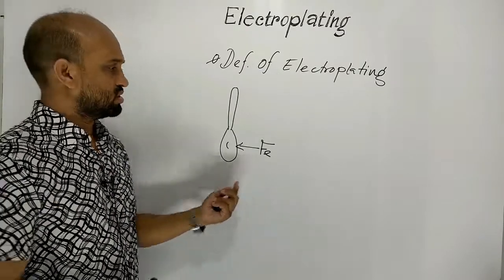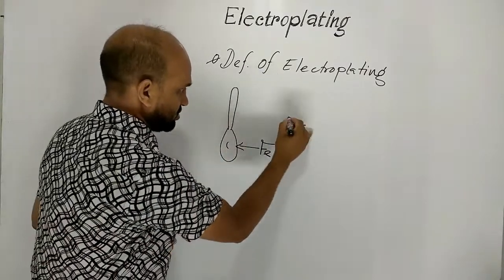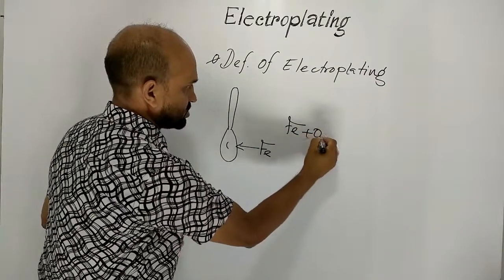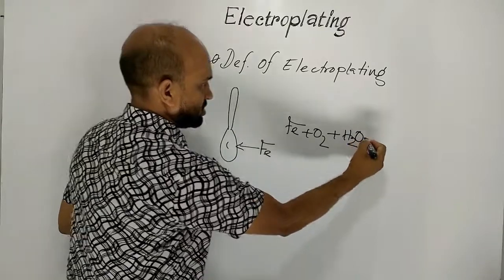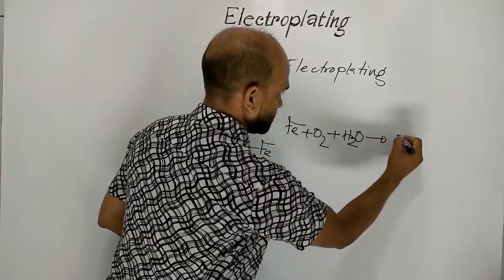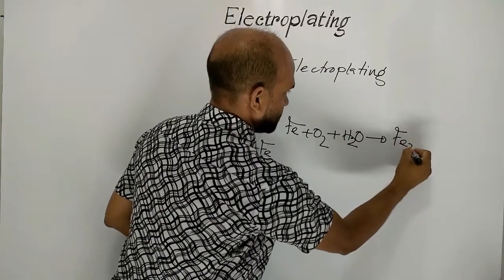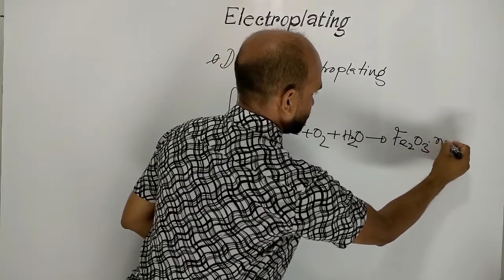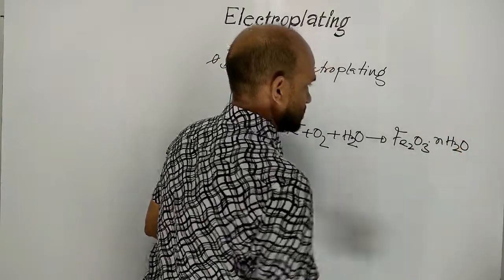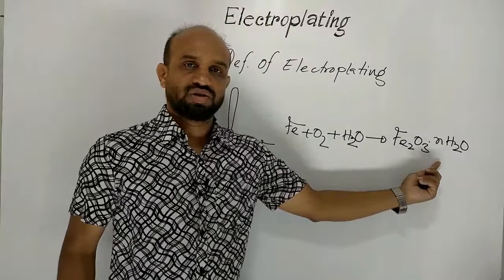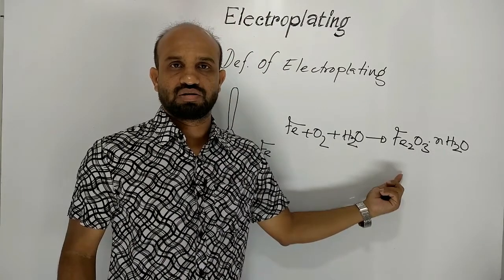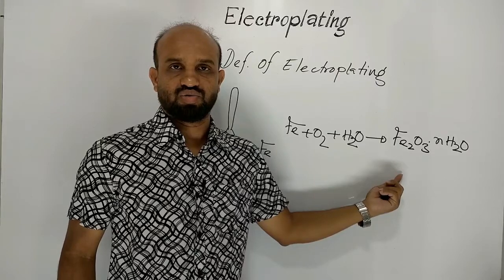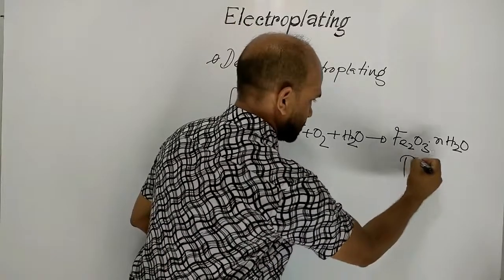That is why this iron reacts with oxygen in presence of water, and as a result hydrated iron oxide is formed. This is hydrated iron oxide or hydrated ferric oxide, which is called rust.